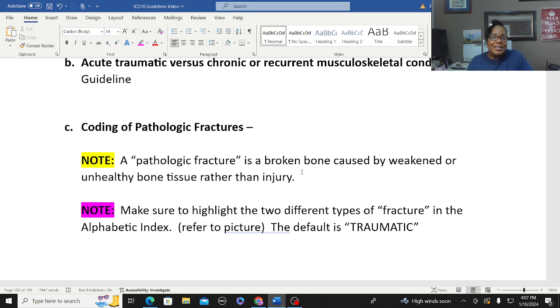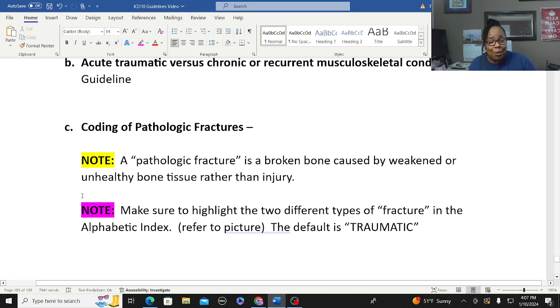And because of the weakness of the bones, a lot of times these patients will go in and not even know that their arm is broken. But because of other illnesses or conditions in the body that weaken the bones, they are easy to break. That's considered a pathological fracture.